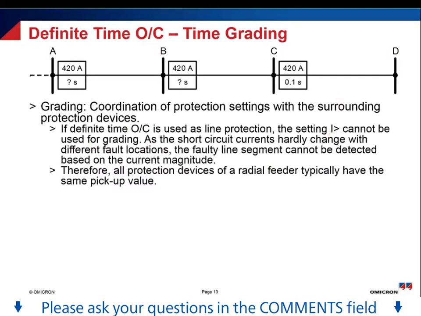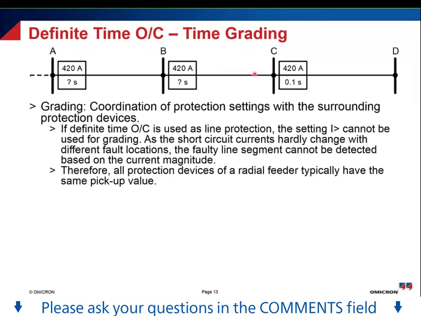the setting I greater cannot be used to differentiate between a fault here or here or here. Oftentimes the fault currents do not change that drastically if they change the position on the overhead line. So for example, if I measure the current here and I have a fault here or here, it doesn't necessarily mean that the short circuit currents are that different from each other.